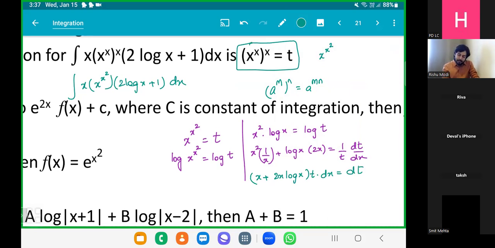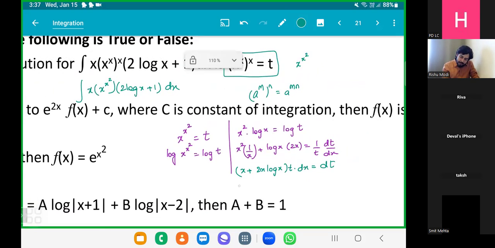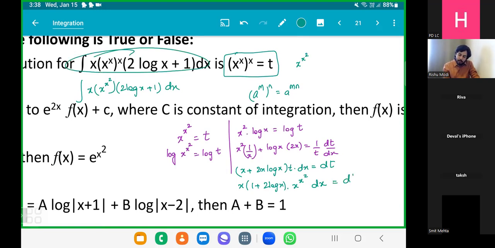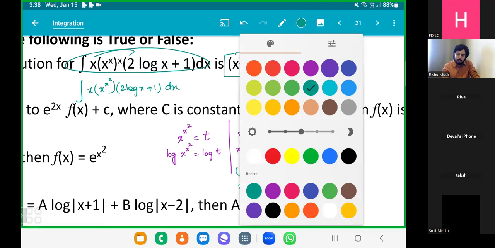Now please understand carefully what happens here. I take x common: 1 plus 2 log x, and t was my x raised to x square, dx. And you observe that the entire question now becomes equal to dt. So my substitution is correct.